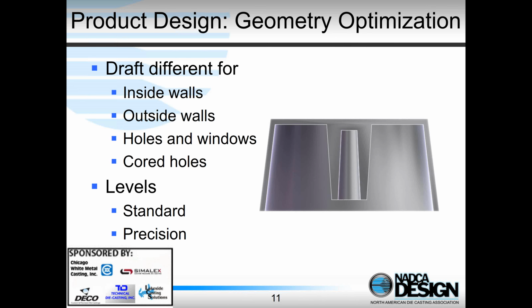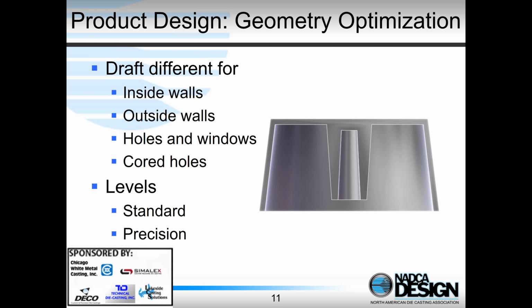We also need more draft on holes and windows for the same reason, and we also need different draft on cored holes. We'll talk about those a little bit as we keep on going through today's presentation. So when we talk about draft, we're often talking about two different levels. If you go to diecastingdesign.org, you'll see there's a standard level and there's a precision level. The standard is for not particularly high performance castings.